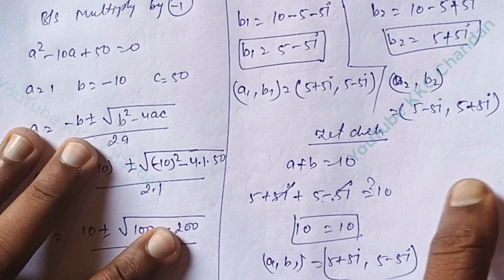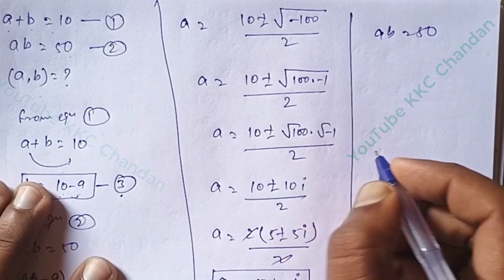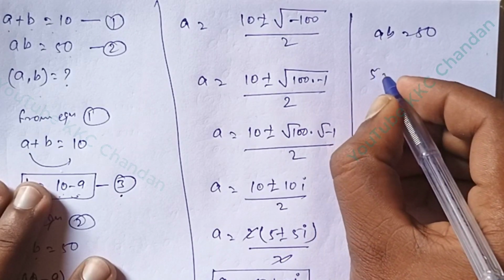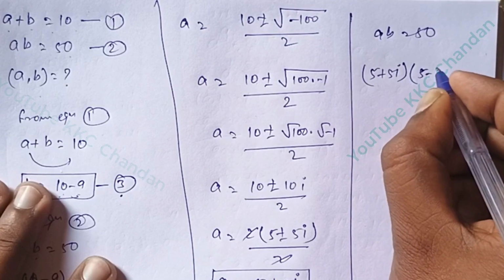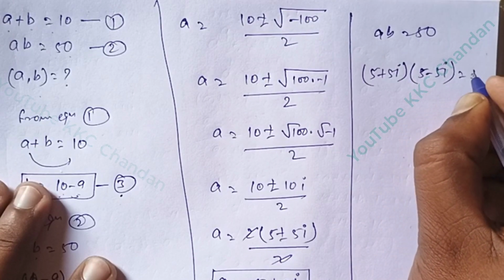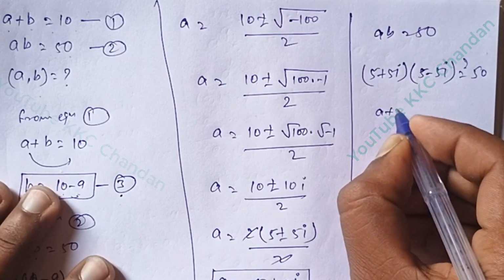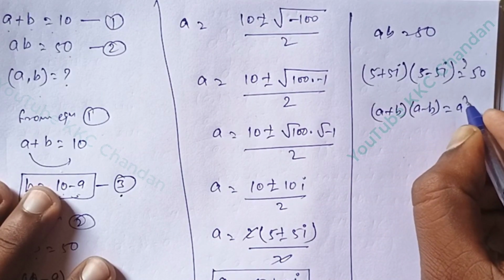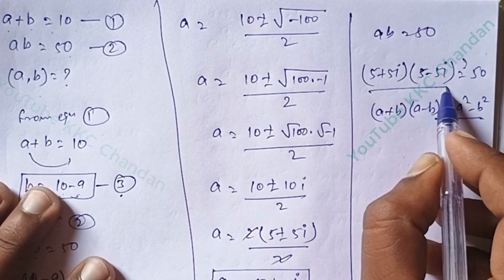Next, ab is equal to 50. The a value 5 plus 5i into the b value 5 minus 5i is equal to 50? Here we know the formula a plus b into a minus b is a square minus b square. This formula will be applied in this place.